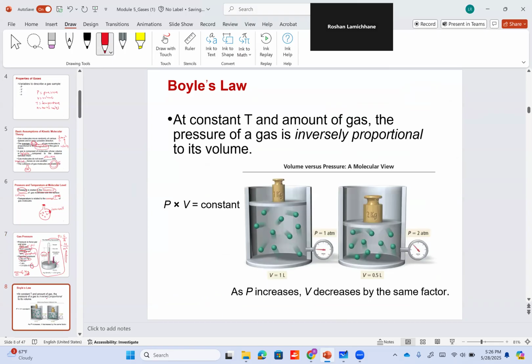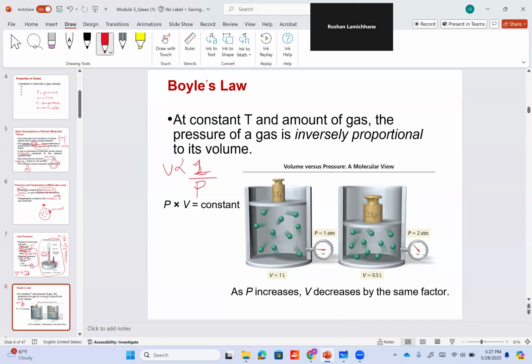All right, let's start with the gas laws. The first law tells us that the pressure of a gas is inversely proportional to its volume. Right, so if you look at this, volume is proportional to 1 divided by P. That's what it means. The pressure of the gas is inversely proportional to its volume.